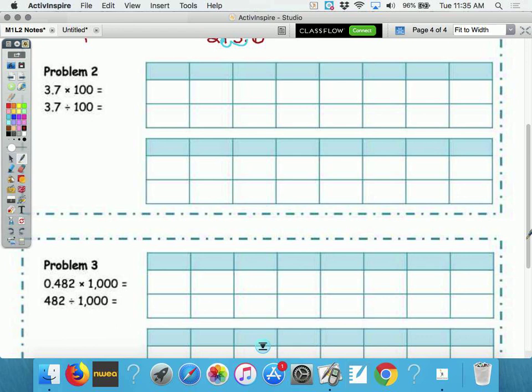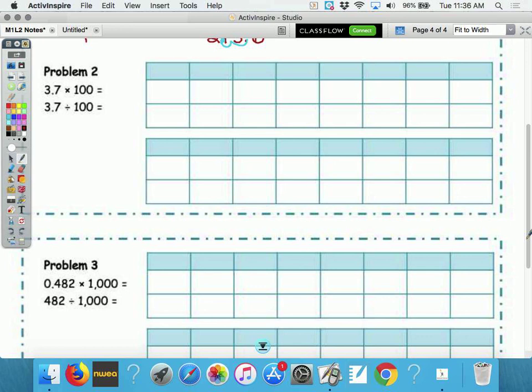Now this one's kind of tricky. Well, I mean, not really. It's pretty similar to the last one, but can I use a zero trick on any of these? No, because there's no zero. It's not a whole number. It's a mixed number. 3 and 7/10 is 3 and a little more than half. Okay, and you'll understand that better soon.